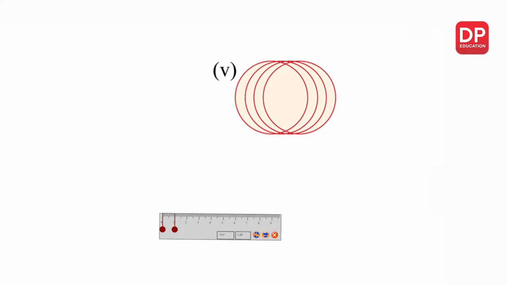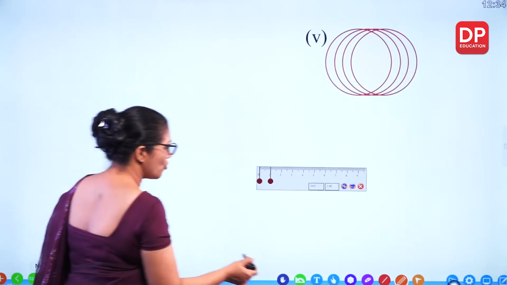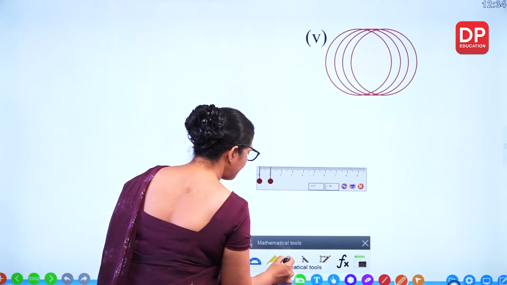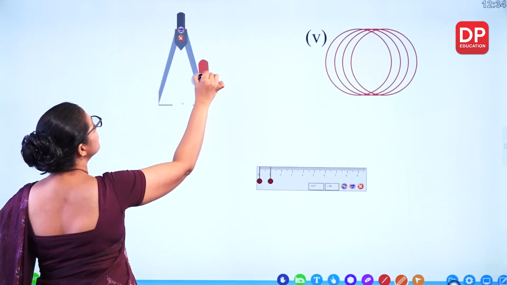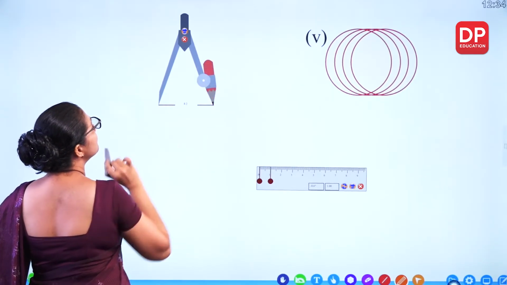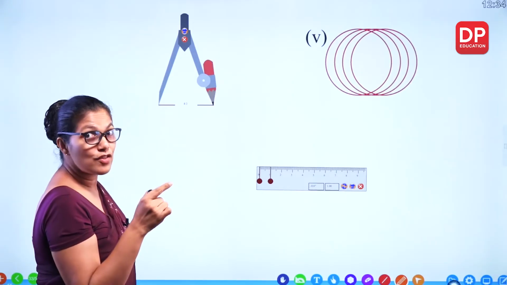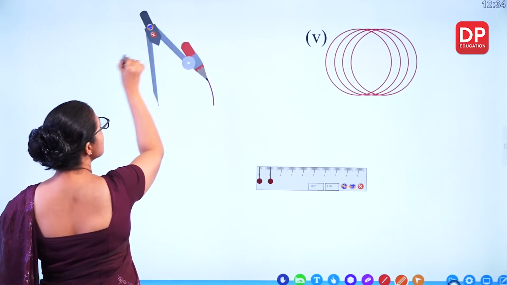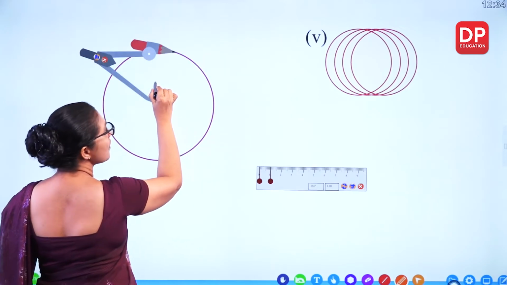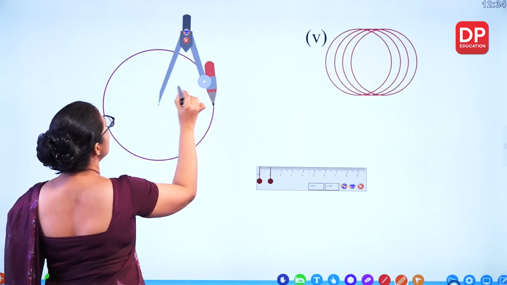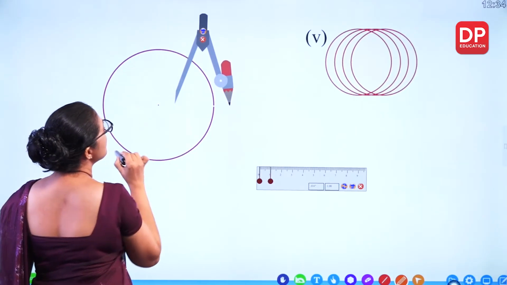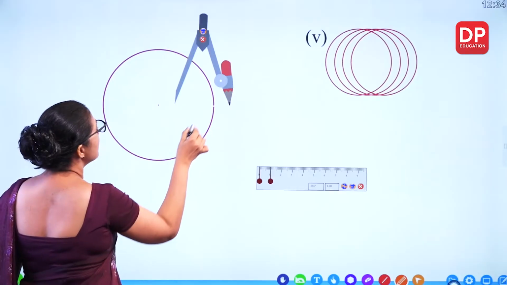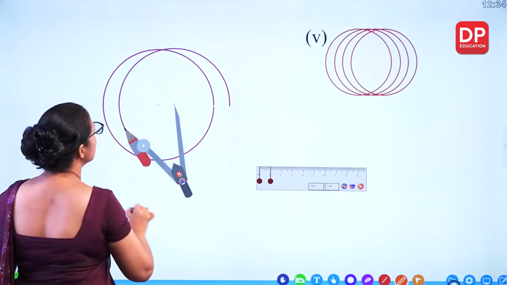What about this one? This is just 4 circles. So you can take any length. So same radius you have to keep. So you draw a circle. Now just move slightly to this side and draw the other circle.